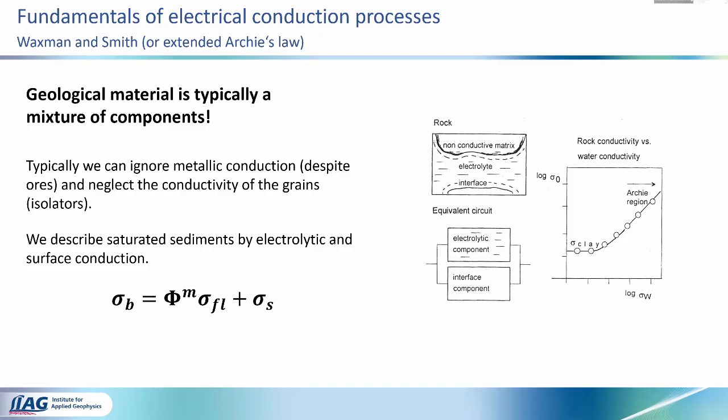Because just imagine you have a block and a certain volume that is saturated in this block, but no connection from this inner fluid-filled volume to anything else. Then it would still be an insulator if you're measuring from outside, at least with the electrical methods. So you need to have a connection between the different water components.